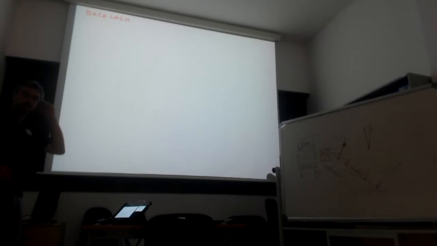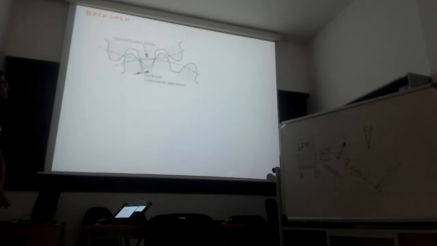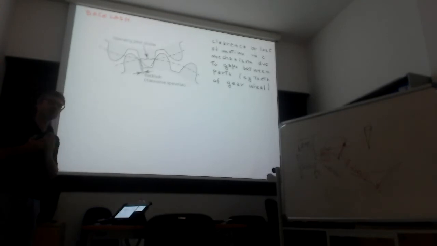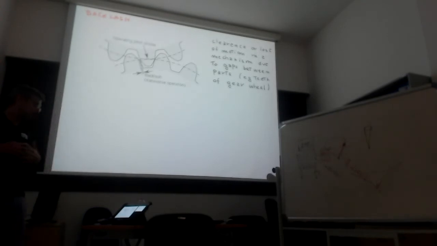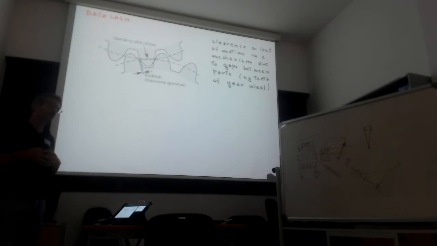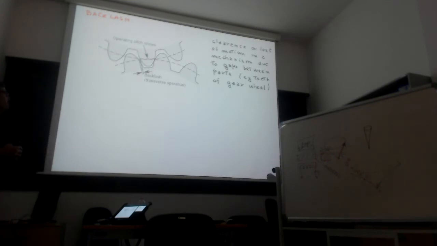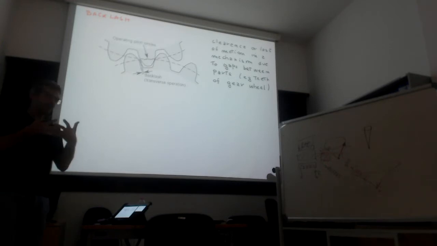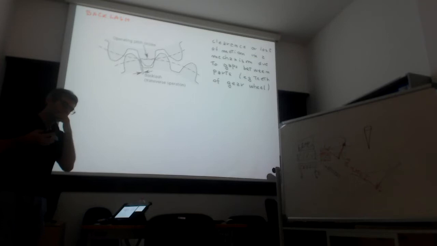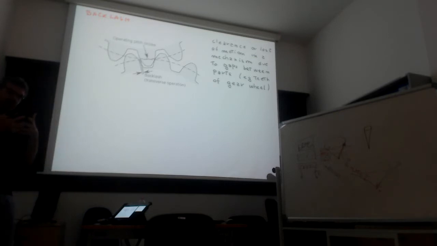Another important point is backlash. Backlash is whenever you have clearance of motion due to gaps between mechanical parts, for example the teeth of a gear wheel. You want to transmit motion, and there is a little play between the teeth, so you move the first gear, and before the second gear starts to move, it does a free motion.